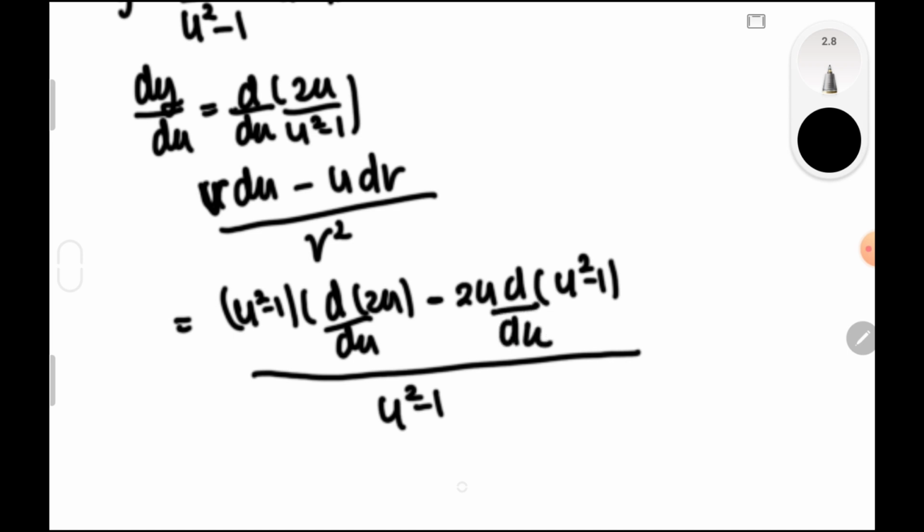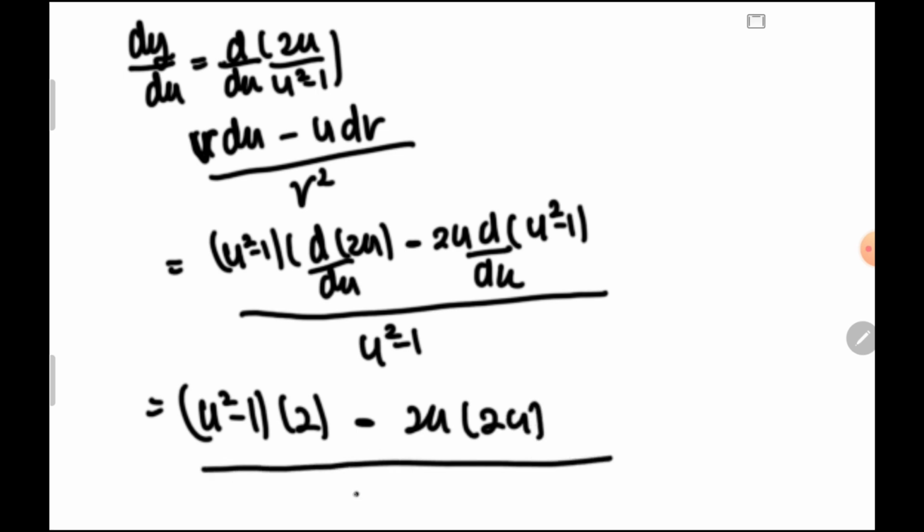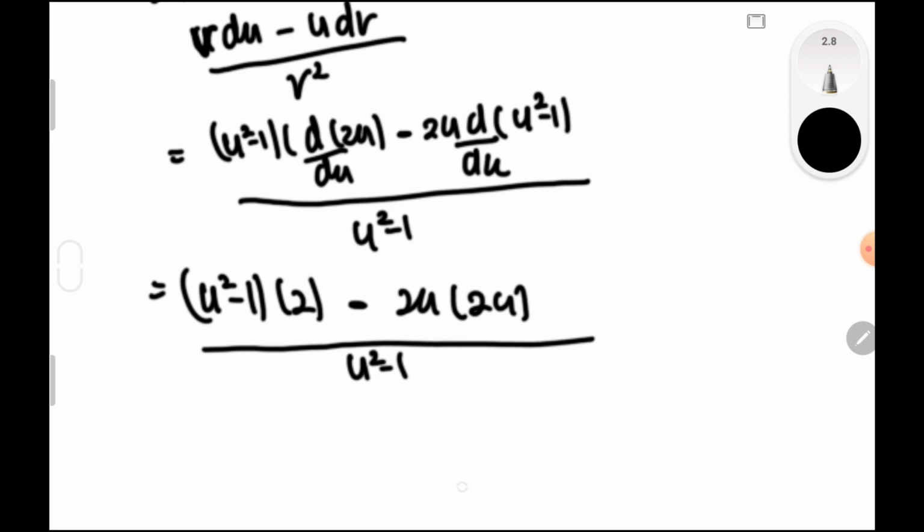By further manipulation of the equation, we'll have u squared minus 1 multiplied by the derivative of 2u, which is 2, minus 2u multiplied by the derivative of u squared minus 1, which is 2u, all over u squared minus 1 squared.